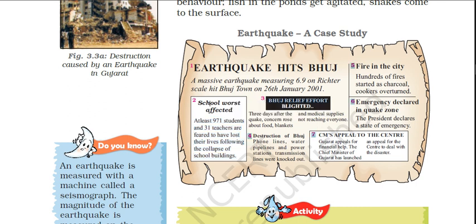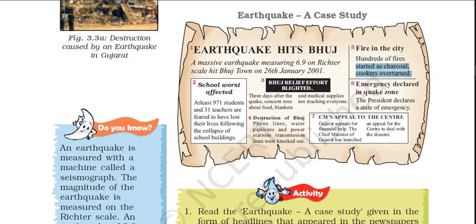Bhuj relief effort delayed. Three days after the quake, concern rose about food, blankets, and medical supplies not reaching everywhere. Destruction of Bhuj. Phone lines, water pipelines, and water station transmission lines were knocked out. Fire in the city. Hundreds of fires started as charcoal cookers overturned.